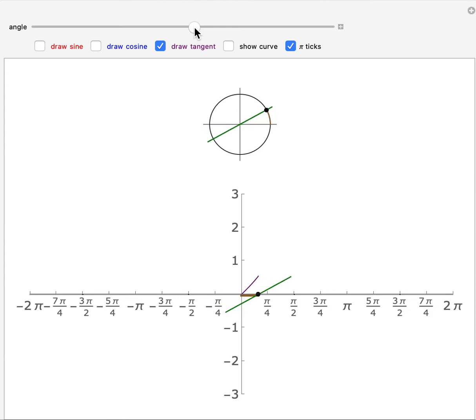You can see that the green line is rotating, measuring the gradient, and as we approach pi by 2, we get a parallel line. That tangent that was passing through A, we now have 2 parallel lines.